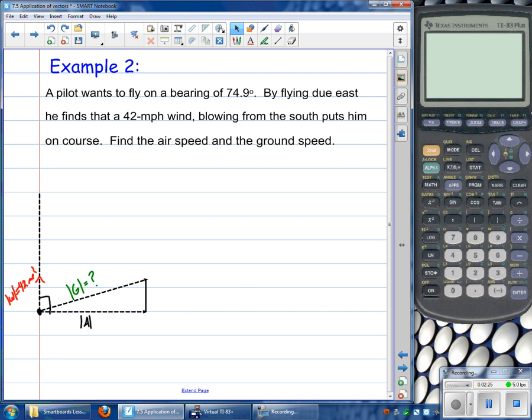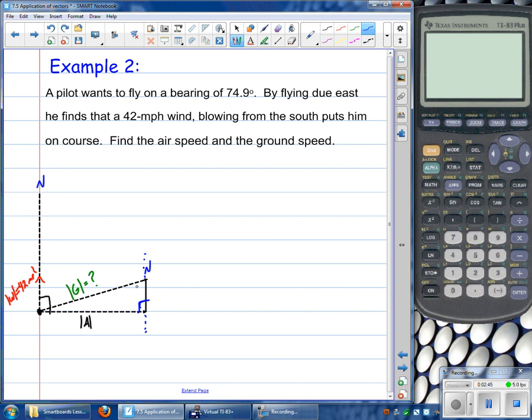But there's our setup. Again, due north line, and the wind speed is also a due north line here because it's blowing from the south. We know that's a 90-degree angle. Alternate interiors would say that this is a 90-degree angle down here if we stretch this out, which means this also is a 90-degree angle.